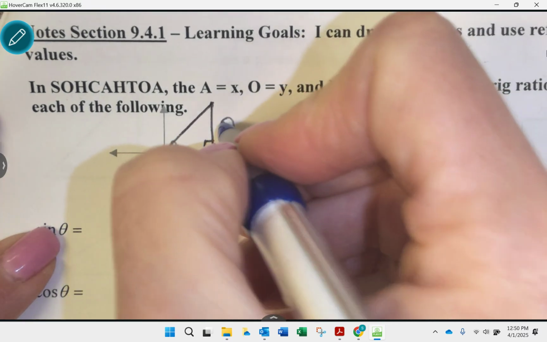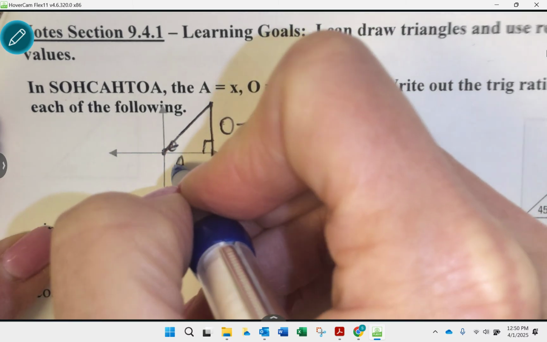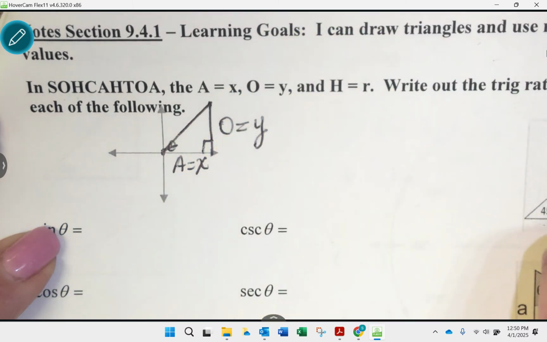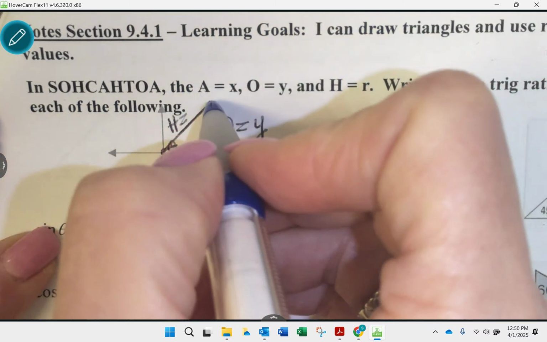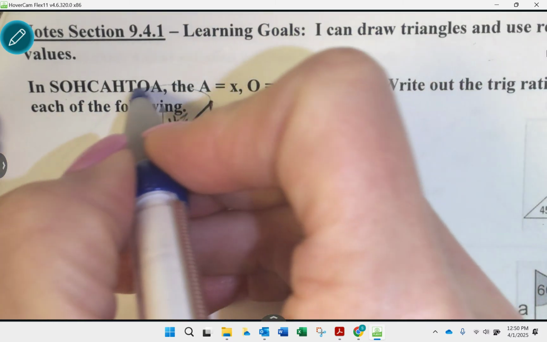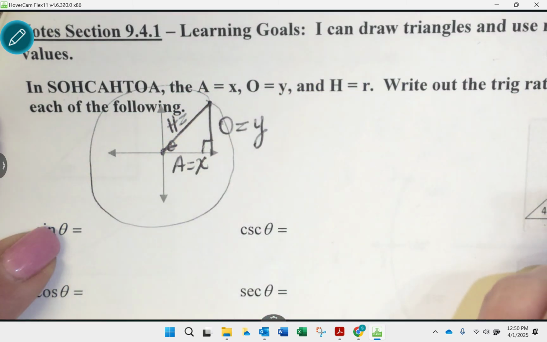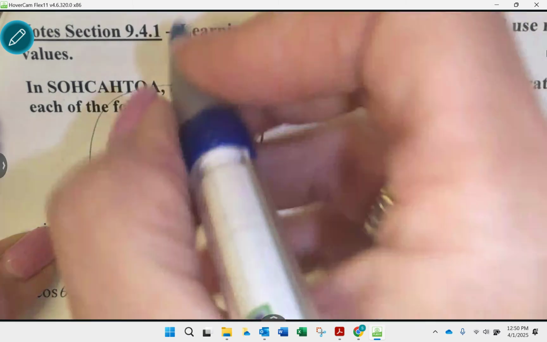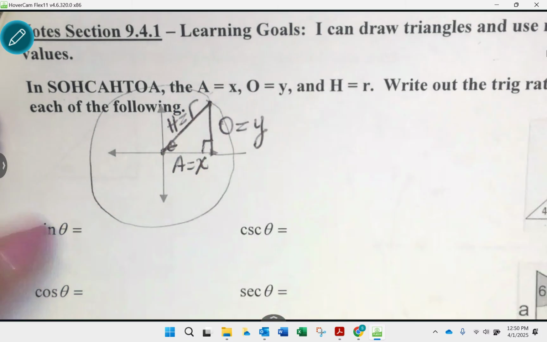This is the opposite, but it's also the y value. This is the adjacent, but it's also always going to be the x value. This is the hypotenuse, but it can also be thought of as the radius if there's a circle like that. So that would be the radius of that circle that triangle is contained in.